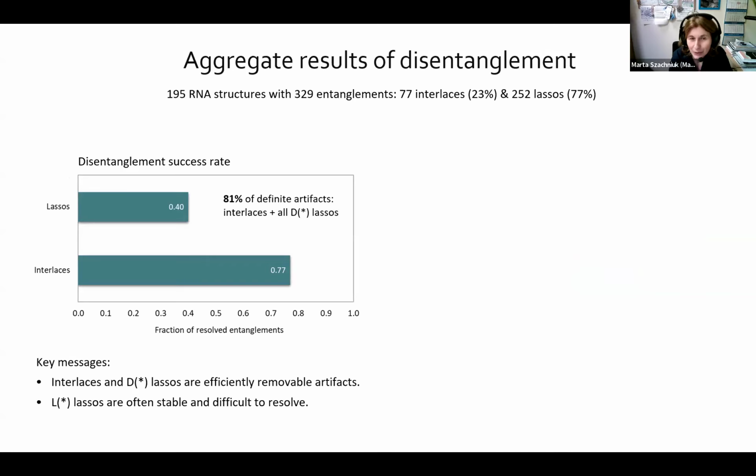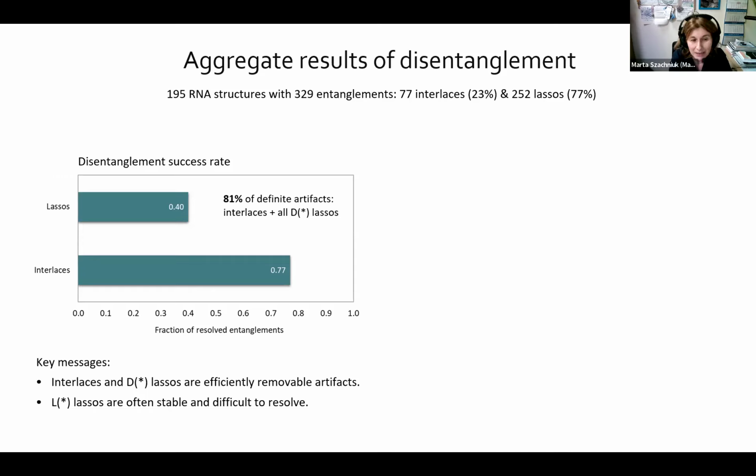Okay, we ran the protocol for almost 200 structures submitted to CASP and RNA puzzles models. And we just made an analysis of the disentanglement success rate to find out how good we are in disentangling the entanglements of structural elements.